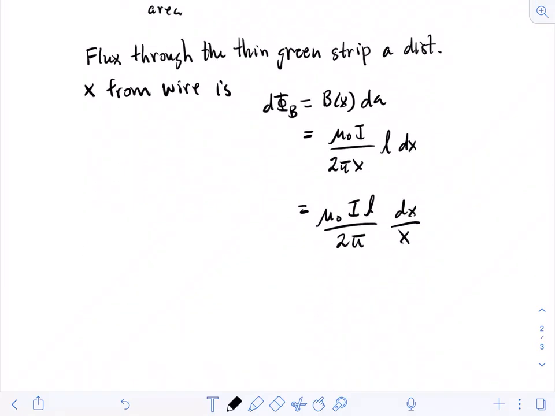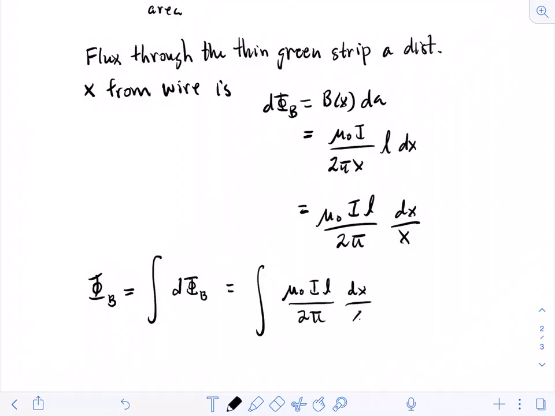In terms of calculus, we'd say that the total flux is going to be the integral of all of the little infinitesimal pieces of flux, which is the integral of mu naught IL over 2 pi dx over x, and our loop starts at a position x equals a and ends at a position x equals b.